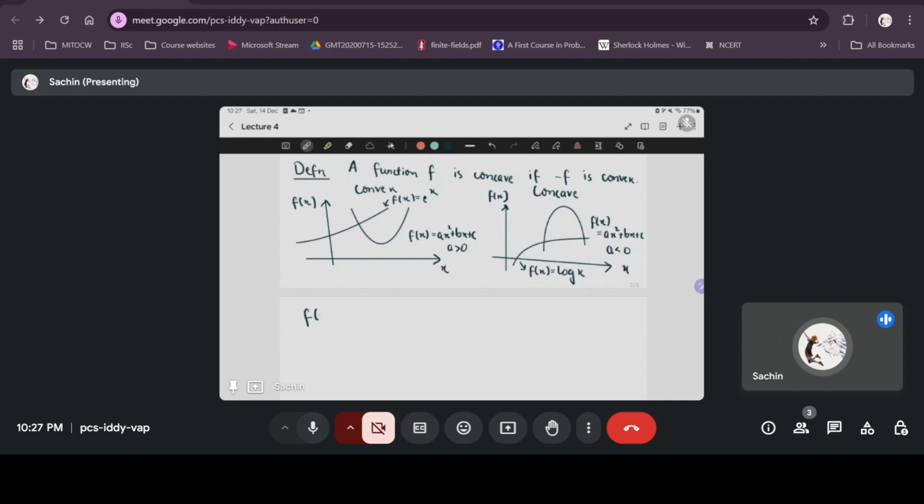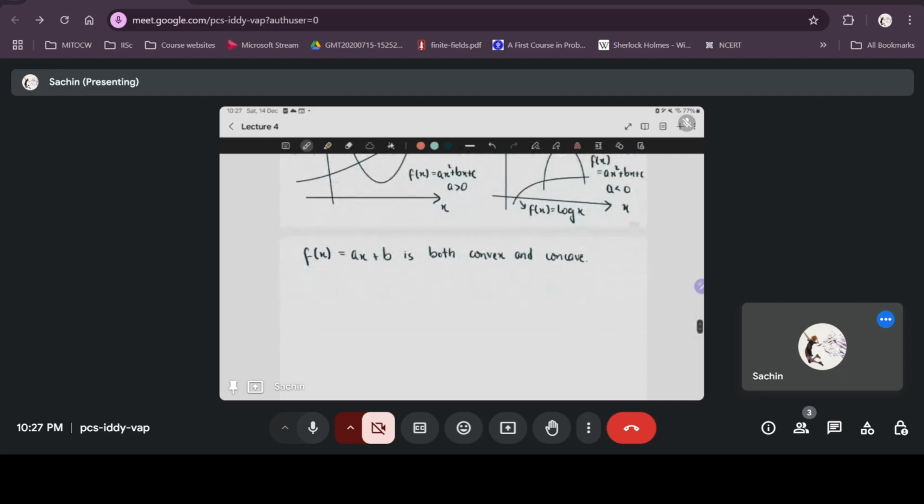The linear function f of x is equal to ax plus b is both concave and convex. The function f of x equals x cube is convex for positive values of x or non-negative values of x and concave for negative values.